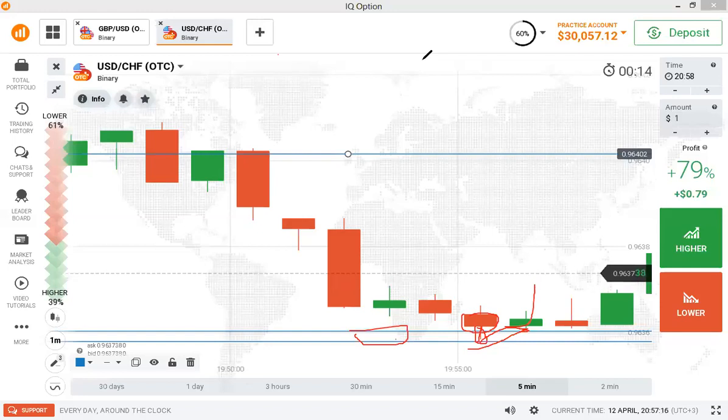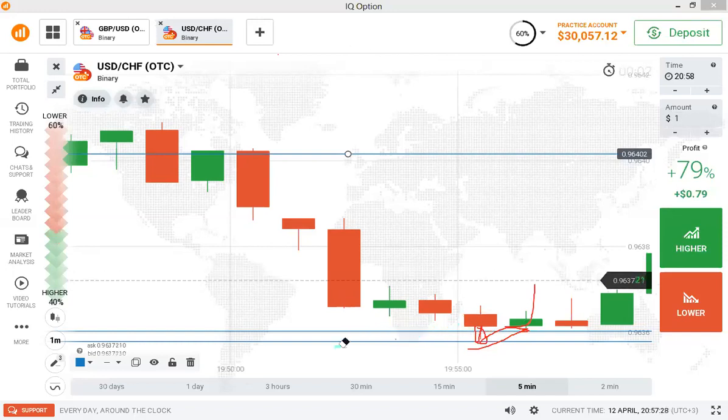Okay, guys, like I was saying, when the sellers reach this level, buyers enter. So on these two occasions, if you want to trade like this, to be on the safer side, don't trade here as a call option.